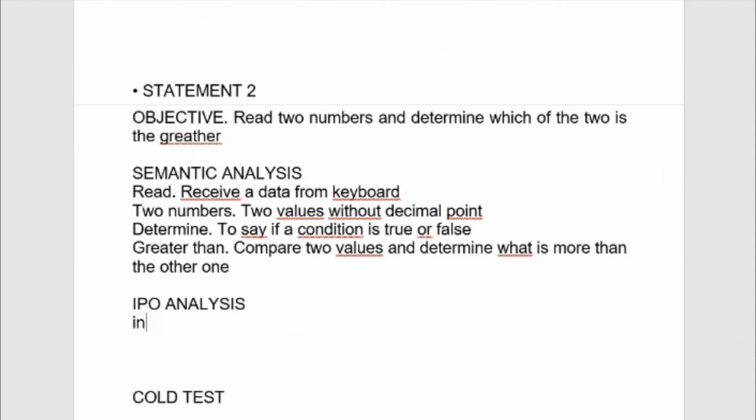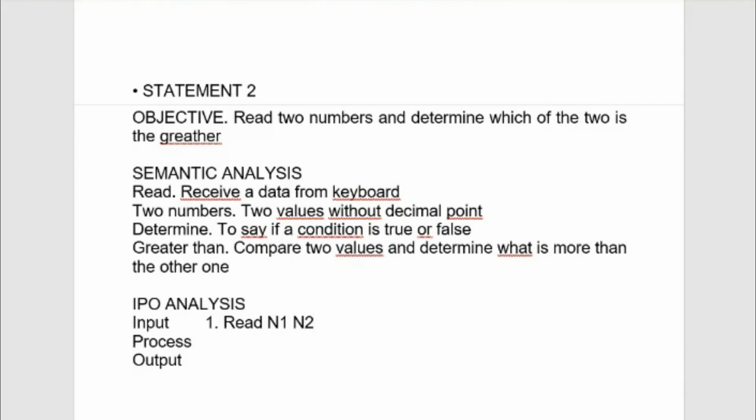IPO is input, process, and output, right? Input. First step, look at the objective. Read two numbers. You need to read N1, N2.